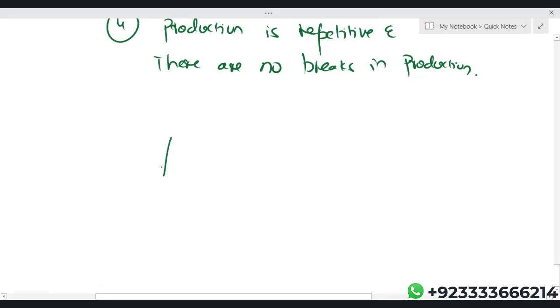The formula is y is equal to a multiplied by x to the power b. So let me write it like this, a x to the power b. Now, what is x? X is the cumulative number of units. And this formula will be given to you in the exam as well.